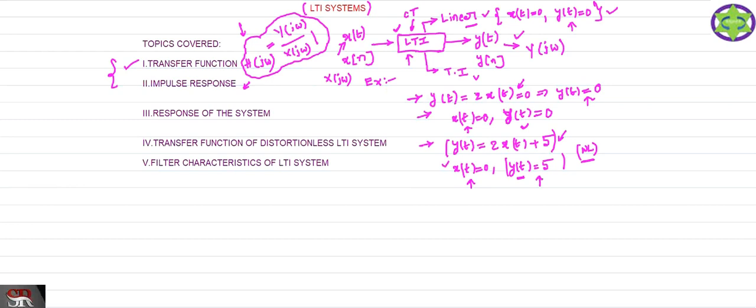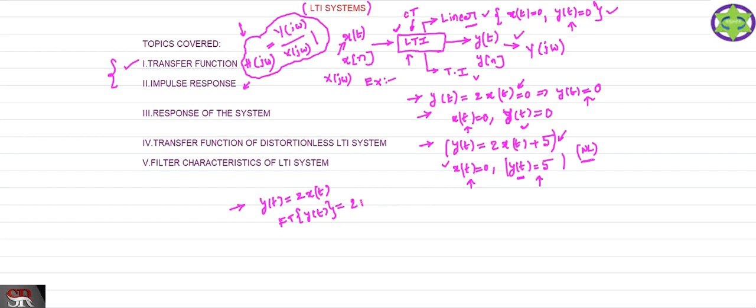Now if you take this LTI system, y of t equal to 2 times x of t, this is the example of the LTI system. Now for this LTI system, how can you find out the transfer function? To find out the transfer function, you just apply the Fourier transform on both sides of the equation given by your LTI system.